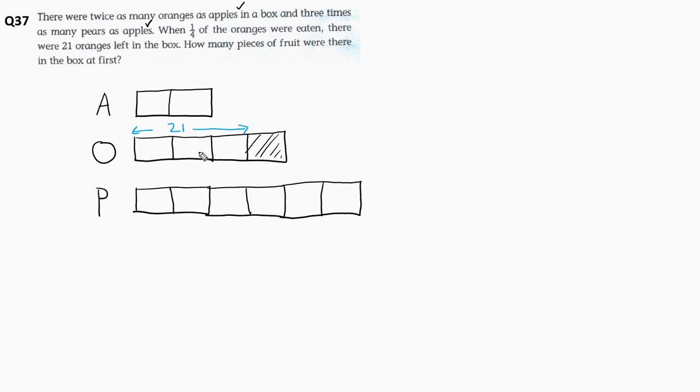And that now means that I can calculate the value of each part. So 21, if I divide that by 3, I get 7. So each of these parts has a value of 7, as do all of these, as do all of these, as do all of these.